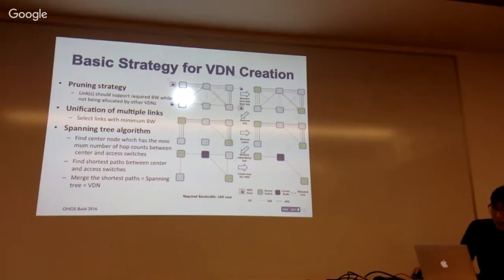And then remove not available links. Available links should support the required bandwidth while not being allocated by another VDN. And then remove switches having no available link. And then we perform unification of multiple links between switches. Finally, we construct a spanning tree, which is equal to the VDN.